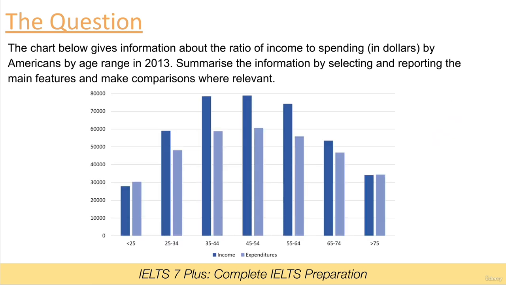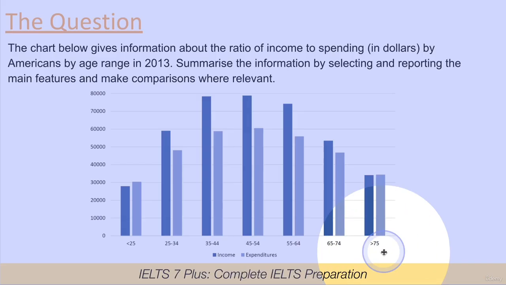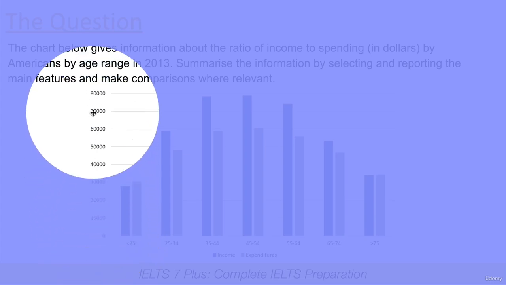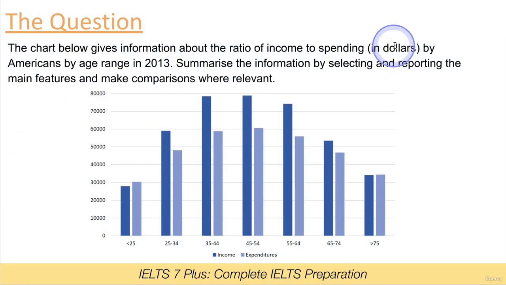Here we are. This is the chart, the bar chart in this case. Right, so in the darker blue, we've got the income, and then we've got the expenditure in this lighter blue colour. On the x-axis, we've got the ages, and on the y-axis, we've got this in dollars, so the amount of spending in dollars.